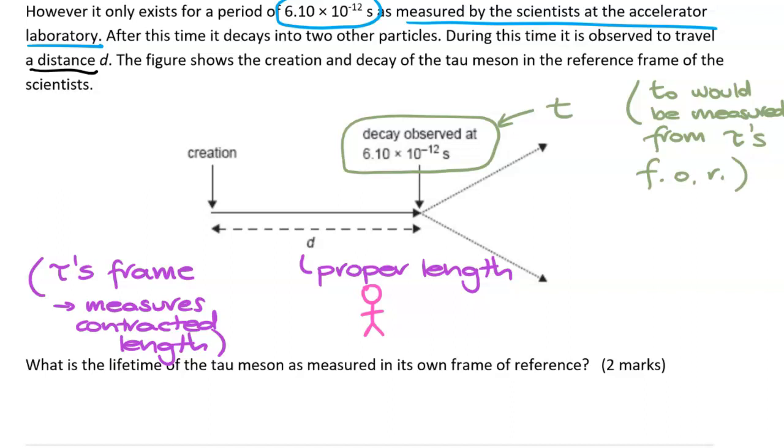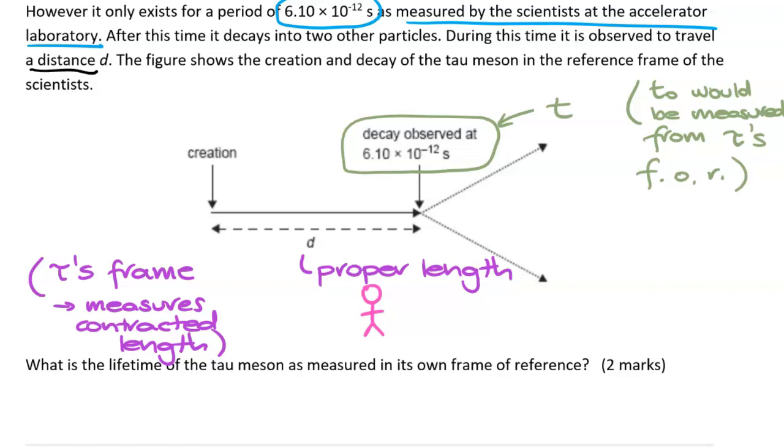That clock is going to be traveling with that meson. Now yes, a clock at that size doesn't actually make any physical sense, but it's helpful for this thought experiment we're doing here. Now the tau meson would see that length of ground or the accelerator or whatever it's traveling through moving past it, so it cannot measure the proper length here.